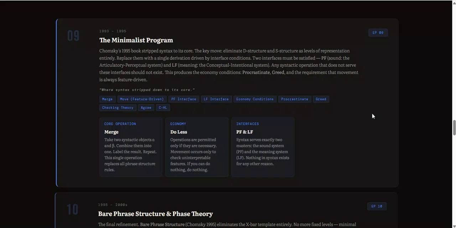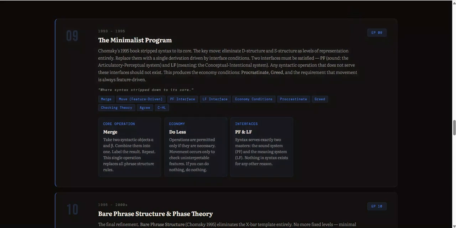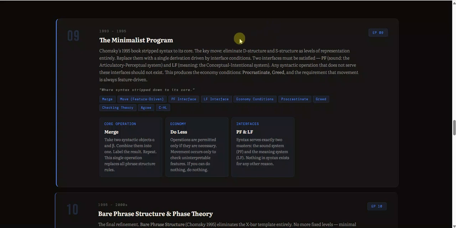So episode 9, the Minimalist Program, spanning from 1993 to 1995. The Minimalist Program, Chomsky's 1995 book, stripped syntax to its core. The key move is to eliminate D-structure and S-structure as levels of representation entirely, replacing them with a single derivation. Two interfaces must be satisfied: PF, sound, and LF, meaning.